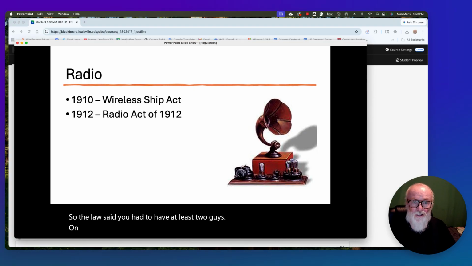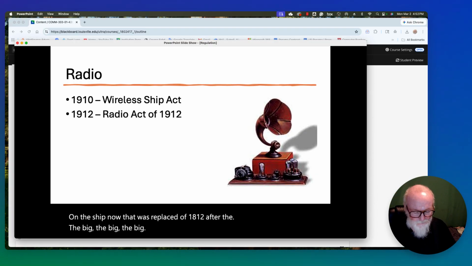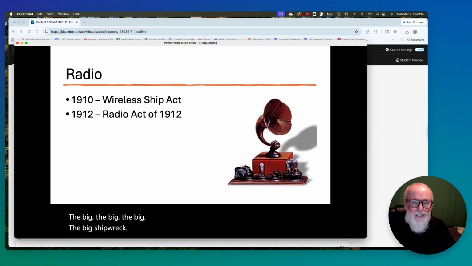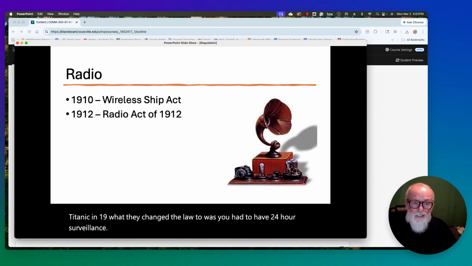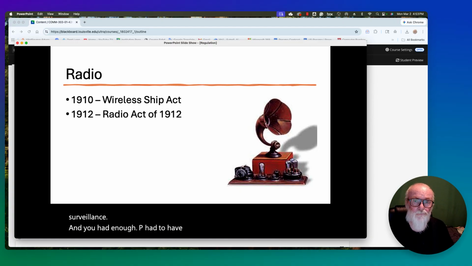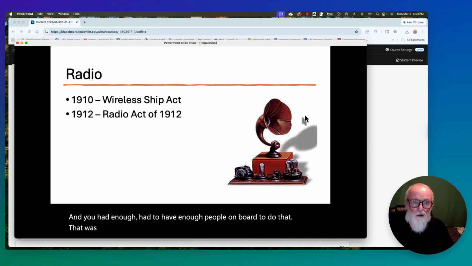Now that was replaced in 1912 after the big shipwreck, Titanic. What they changed the law to was you had to have 24-hour surveillance, and you had to have enough people on board to do that. That was the main point of that law.